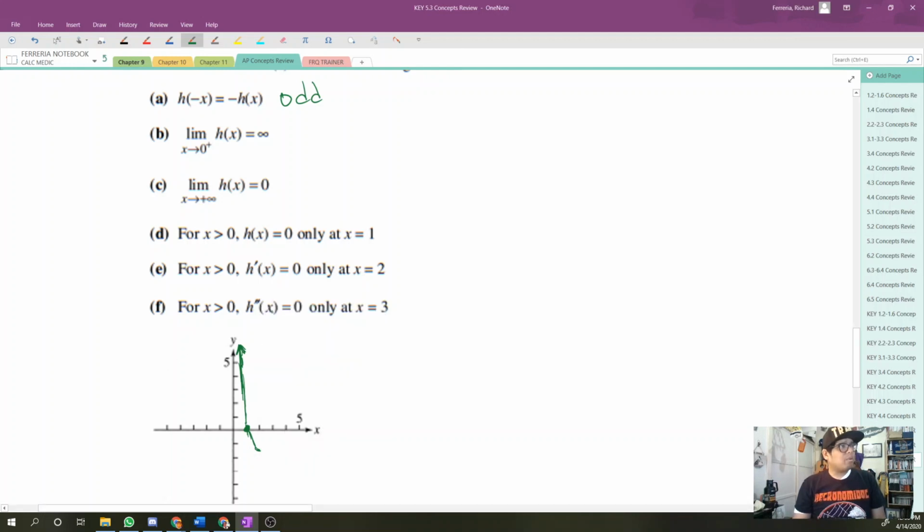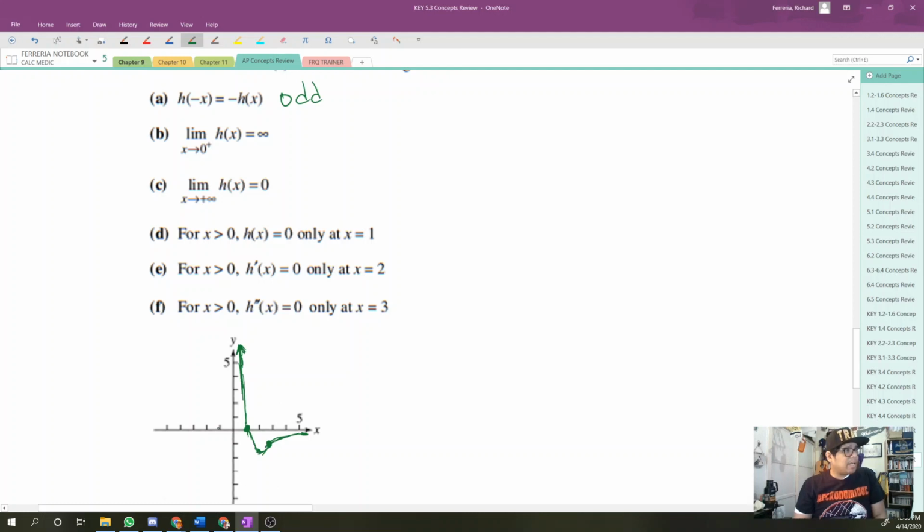And then for x equals 3, we have a concavity change. So we're going from concave up to concave down. And then from here on out, we're going to be asymptotic with the x-axis. Okay, so that is the entire positive side.